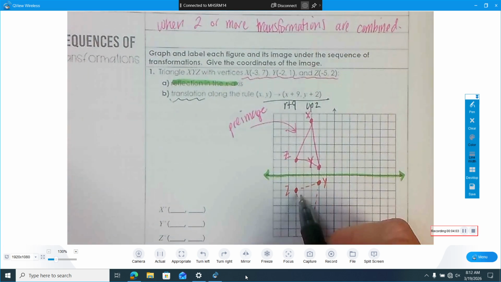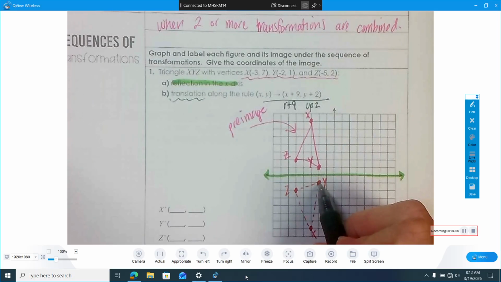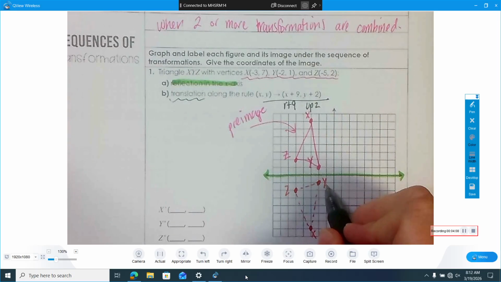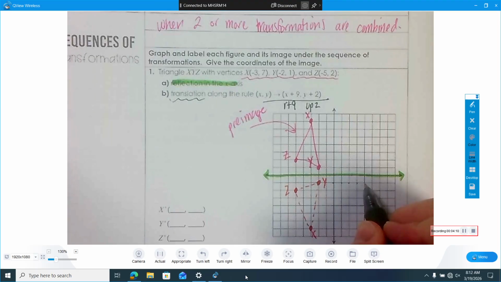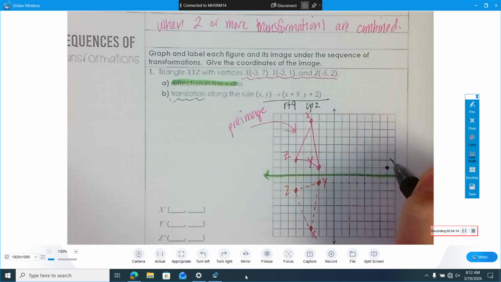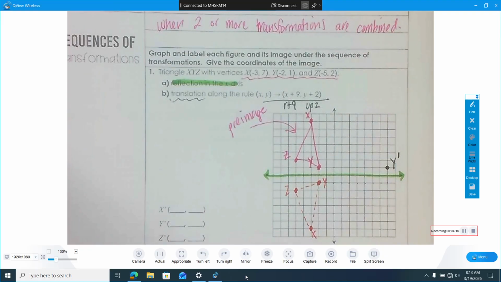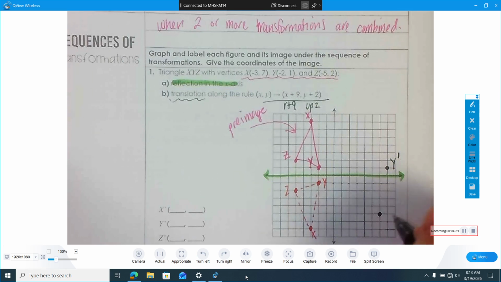And so all I need to do is count. I'm going to take my y coordinate and count right 9 and up 2. 1, 2, 3, 4, 5, 6, 7, 8, 9, up 2. And there is y prime, our final point there. I'm going to take my x point and same thing. I'm going to go 9 to the right and up 2. And there is our x prime point.